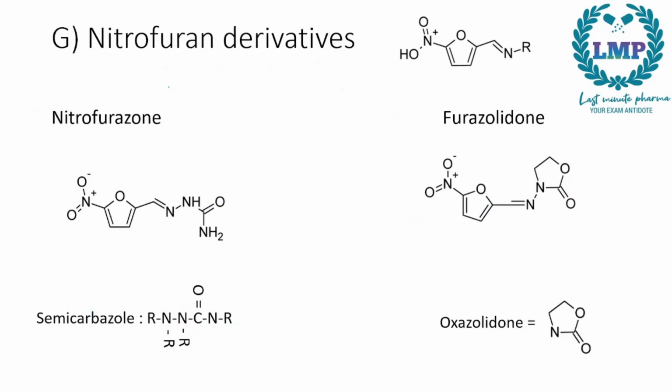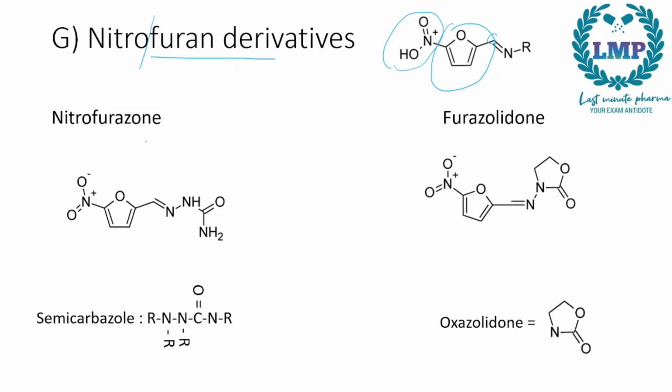Next we have nitrofuran derivatives. What is nitrofuran? Nitro and furan. So a nitro group attached to a furan ring, and then we have nitrofuran derivatives. It would be a carbon attached to a nitrogen with a double bond and then an R group.